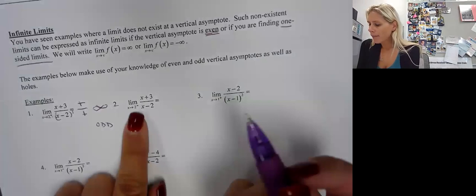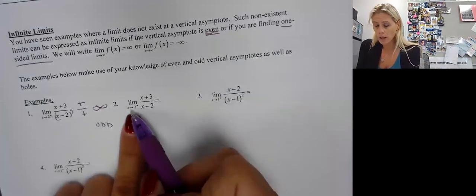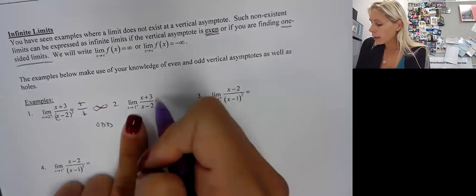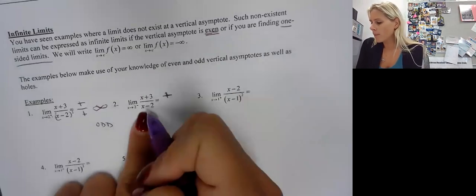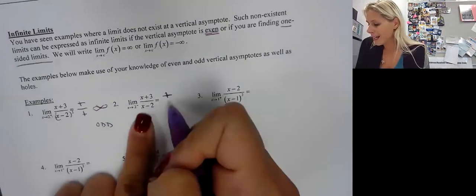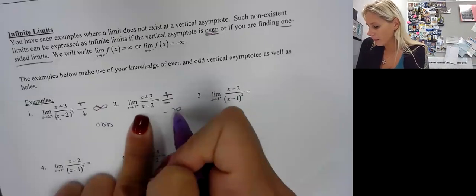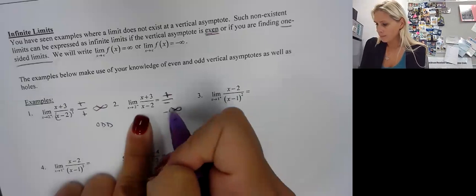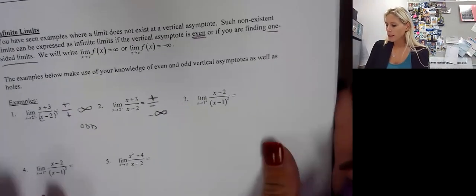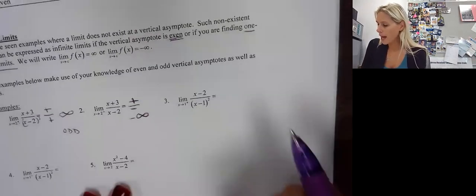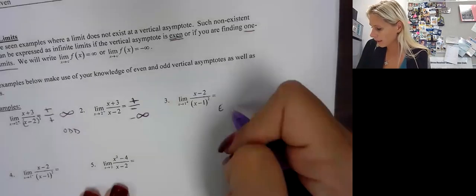Now here, I'm going to go lower than 2. So let's say 1. 1 plus 3 is still a positive, and 1 minus 2 is a negative. So it is a negative infinity. Now let's see what we have here. We have an even vertical asymptote.